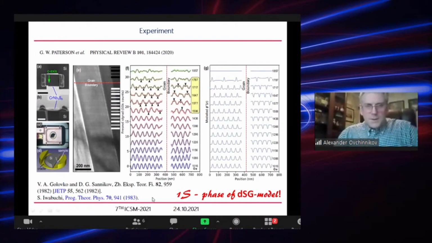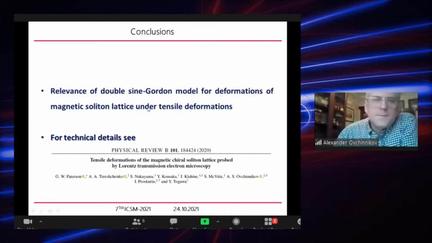Independently, the same analysis was carried out by the Japanese theoretician Iwabuchi, who published a paper in 1983 totally focused on the peculiarities of this 1S phase. We took many mathematical details from this paper, so we give priority to him as the first to predict the appearance of this phase.